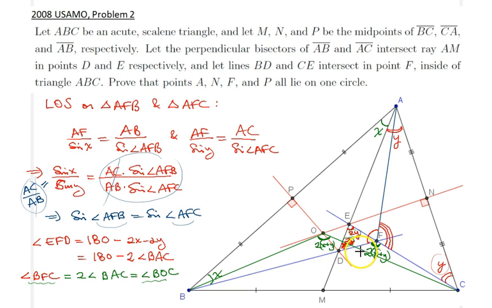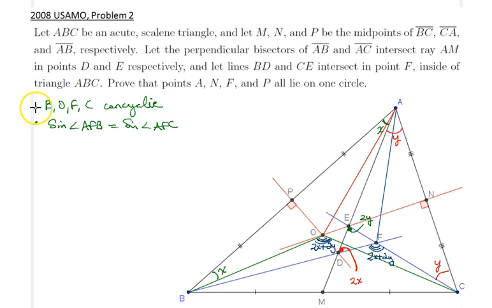As a result, this implies that points B, O, F, and C are concyclic, because those two angles, BOC and BFC, subtend the same arc BC and they have equal angles. So those 4 points are concyclic. Let me move to the next page and conclude the proof.